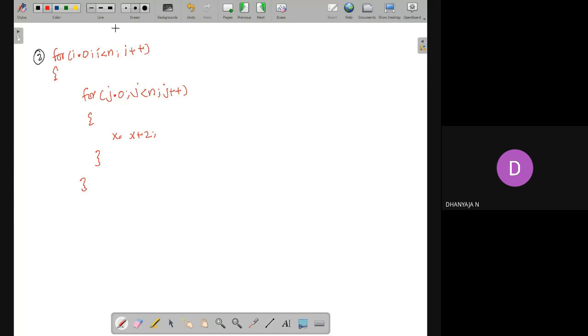I wanted to know how many times each statement will be executed and what the frequency count of this is. Now tell me how many times this for loop will execute. I'm expecting an answer from you.